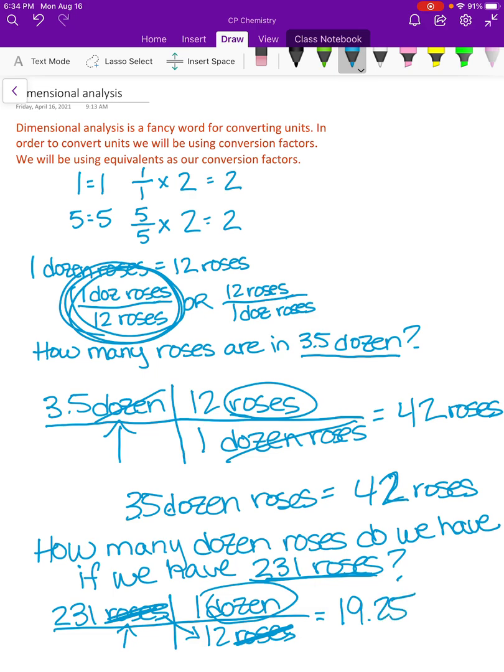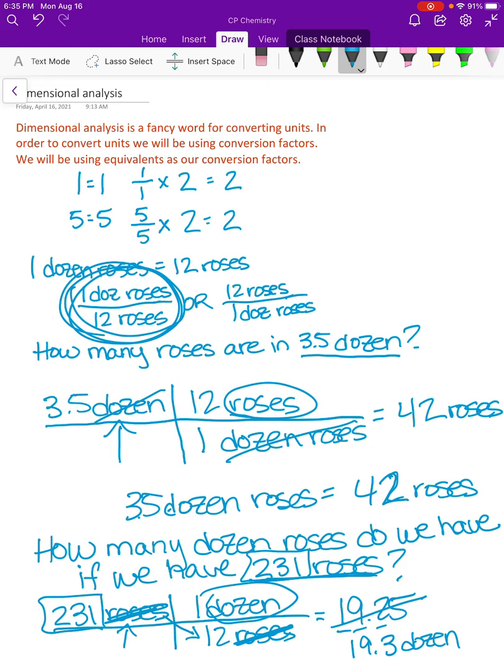Okay, and when doing dimensional analysis, whatever is given, in this case it's the 231, that's 3 sig figs. So we want our answer in 3 sig figs. So we're going to round that 2 to a 3. So this would be 19.3 dozen.